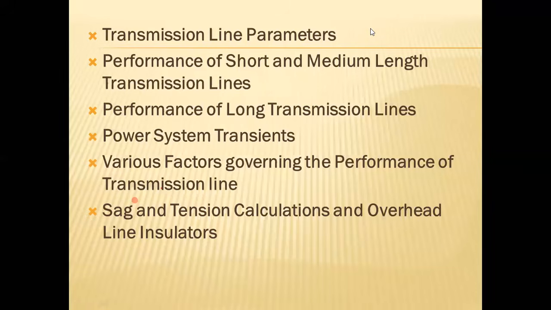But if the two supports are at different heights, the maximum sag point will not be at the midpoint between the two supports. It will be somewhere away from the midpoint. That we'll be discussing. We'll solve some problems. We'll calculate the stringing chart, sag template, and applications.